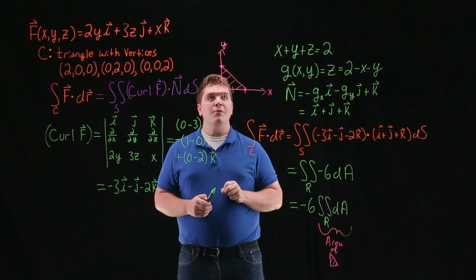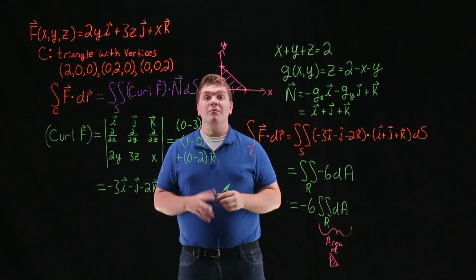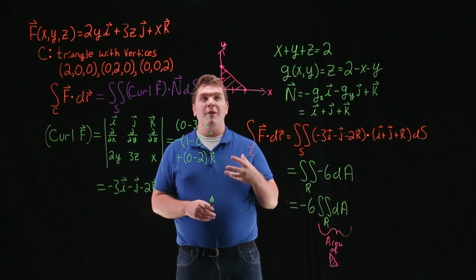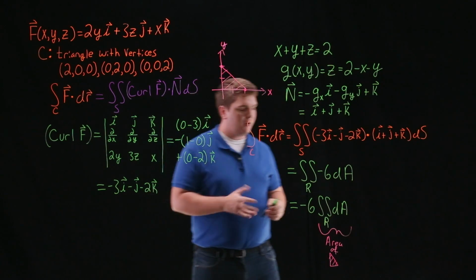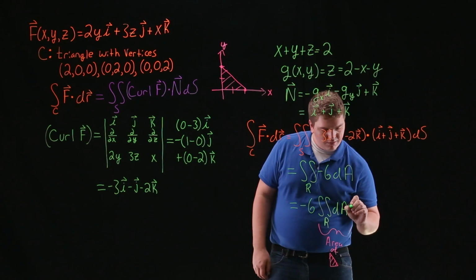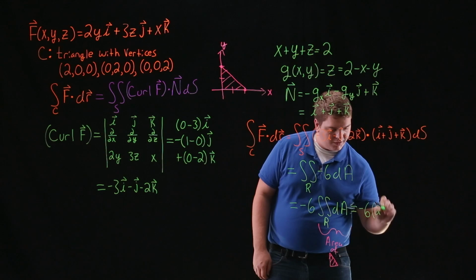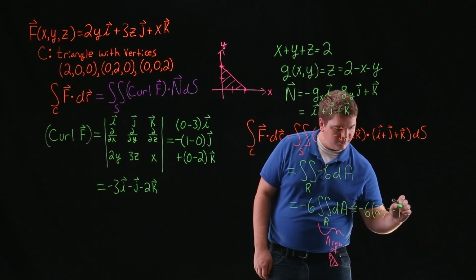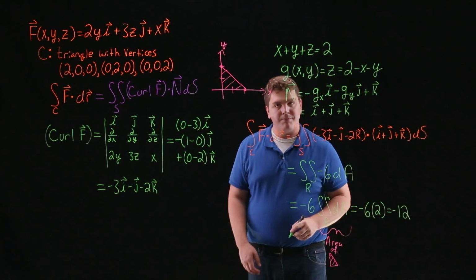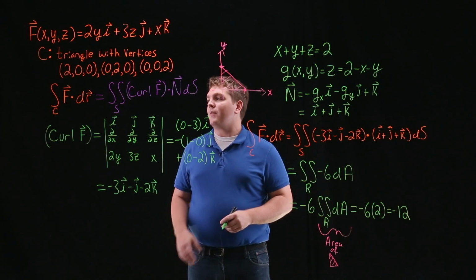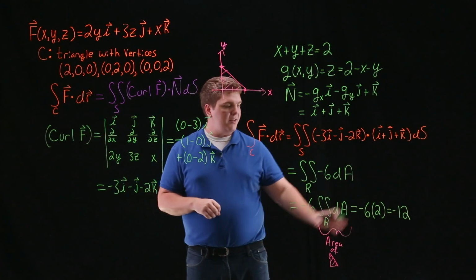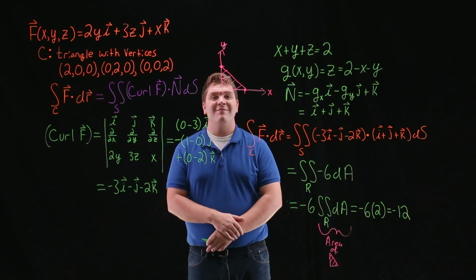The base is 2 and the height is 2, so the area is 1/2 times 2 times 2, which is 2. So we have negative 6 times 2, which is equal to negative 12. That tells us this integral is equal to negative 12.